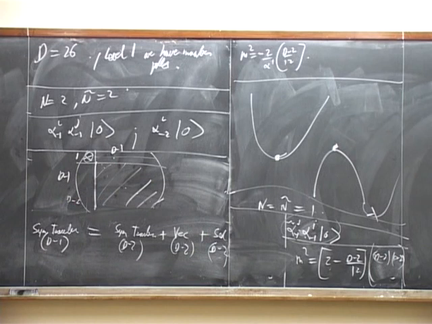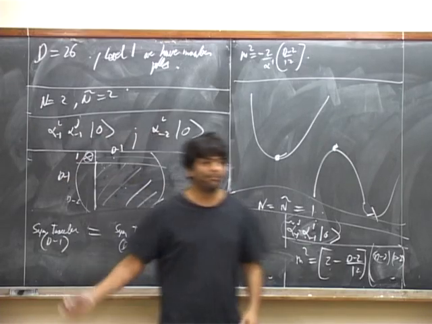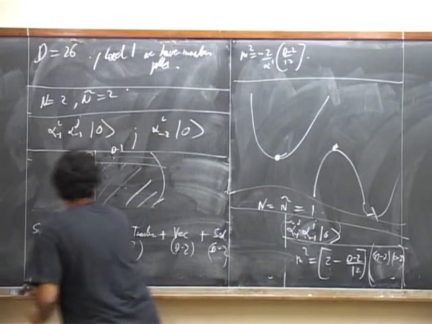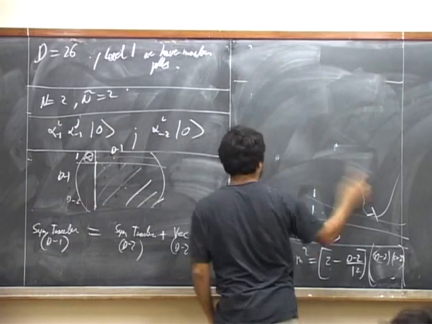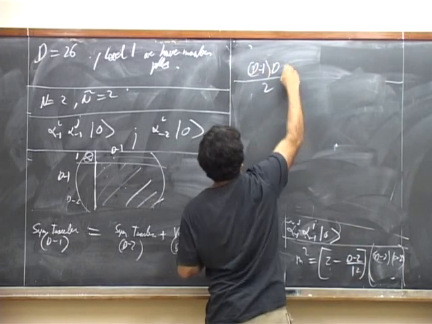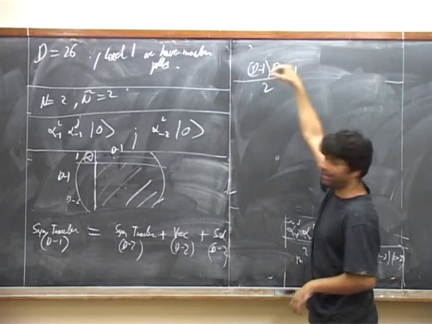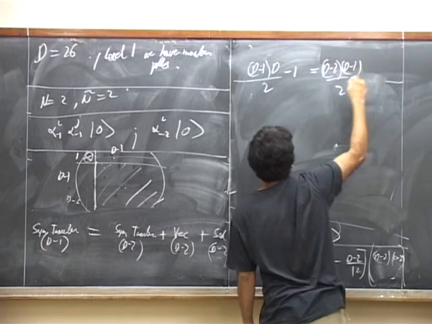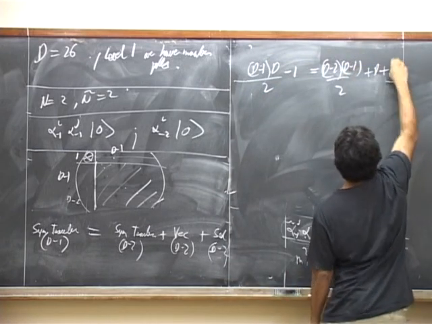Is this clear? Now, if you want to convince yourself by counting components that the component counting matches, the formula you have to verify is that (d minus 1)(d over 2 minus 1), the dimension of the traceless tensor of d minus 1, is equal to (d minus 2)(d minus 1)/2 plus (d minus 2) plus 1.